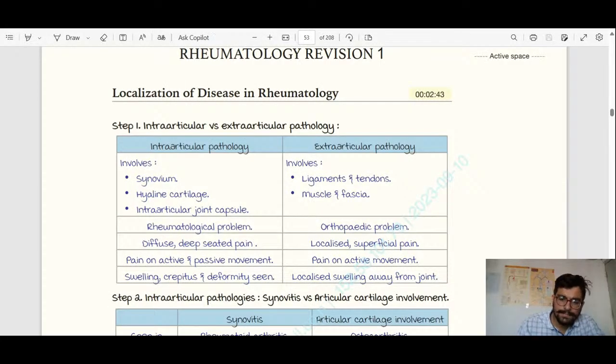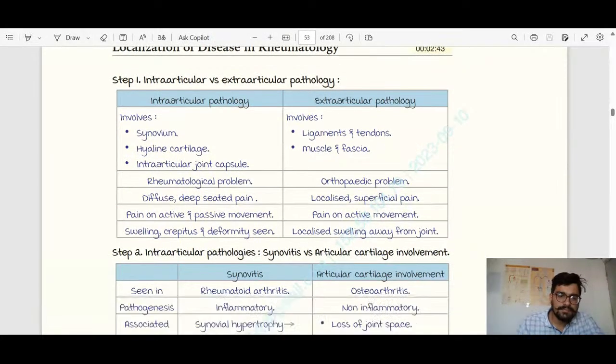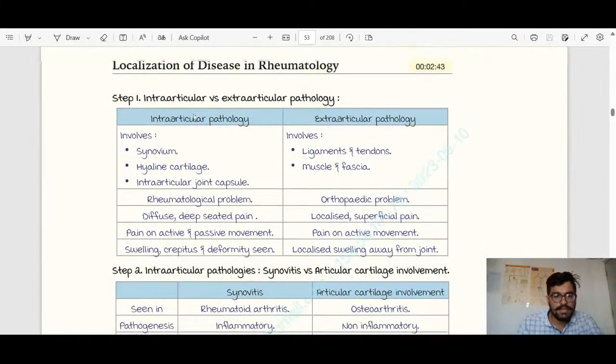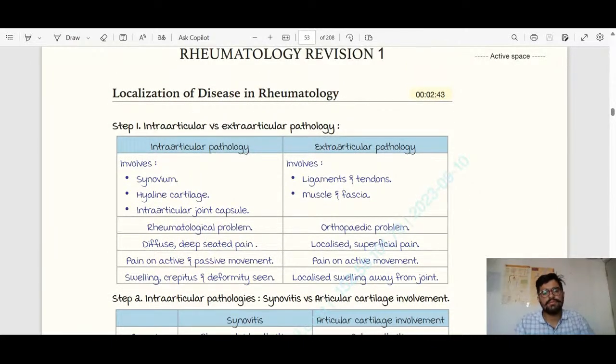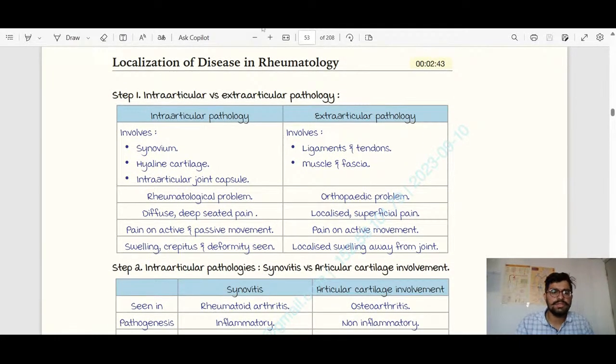We are going to start one thing of medicine, the general medicine subject. It is the rheumatology part. As we have completed the respiratory in the past video, we have moved further to rheumatology.